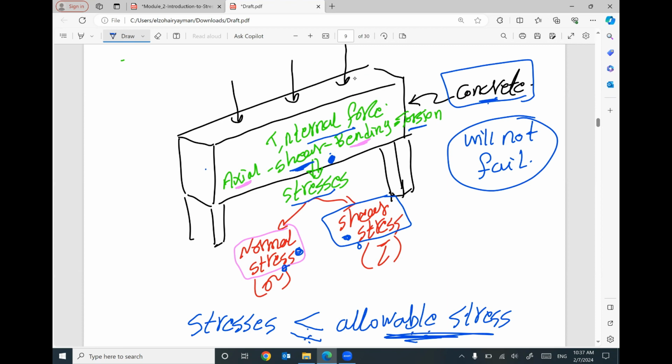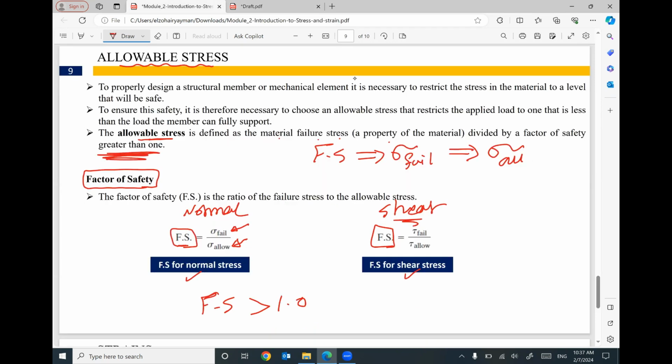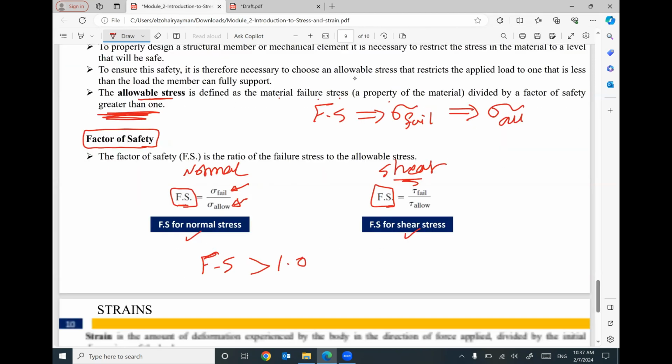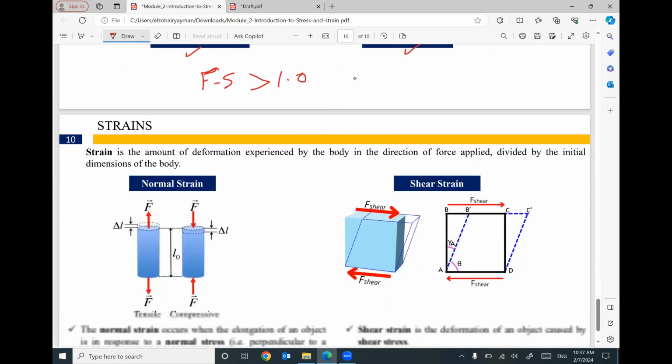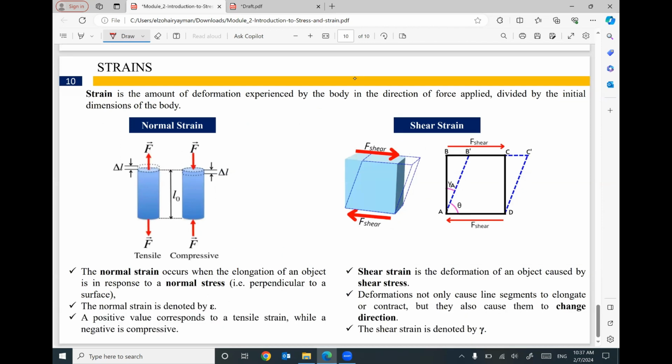In this allowable stress, we considered the factor of safety to make sure your beam is safe. And keep in mind, we have a factor of safety for normal stress and for shear stress. The last part of our meeting today, I will cover something called strains.